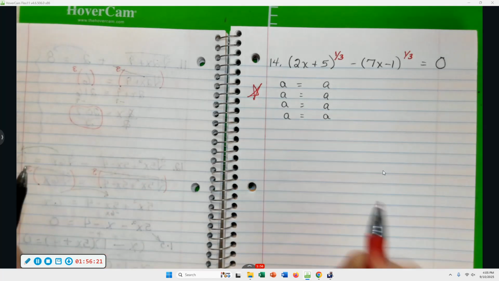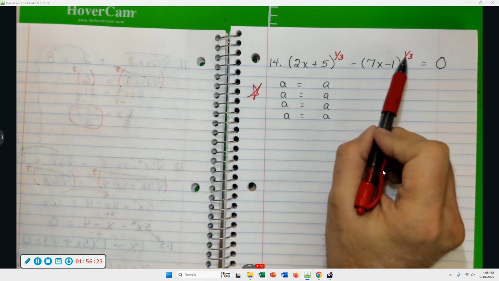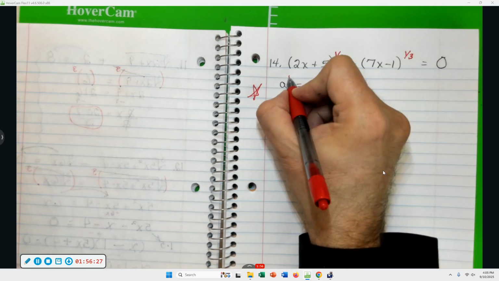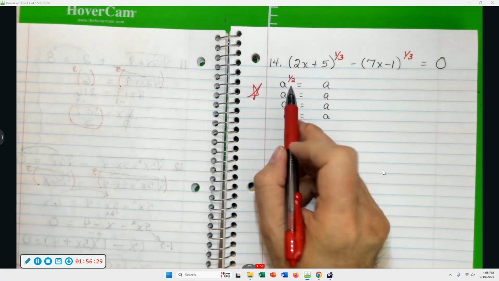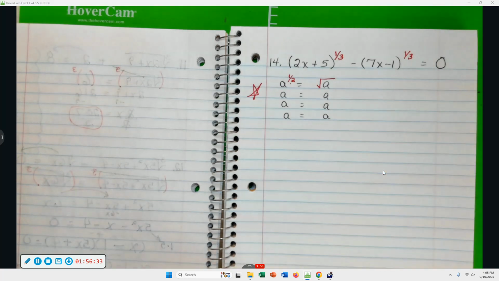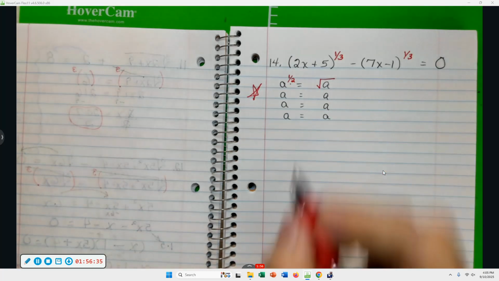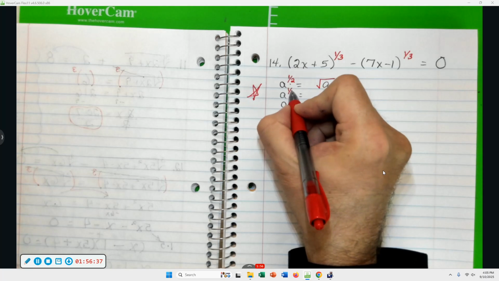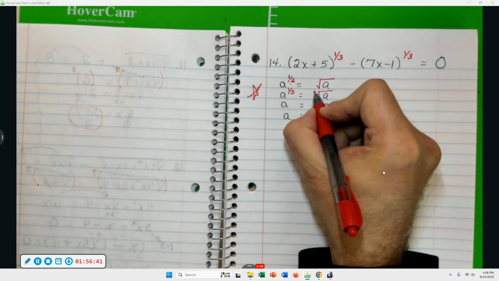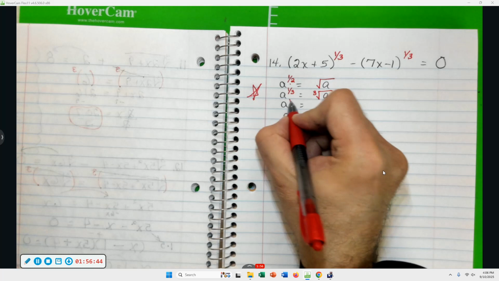I'm defining what these little fractional exponents mean. In general, a 1/2 exponent is the same thing as a square root. A 1/3 exponent is a cube root. I'm wondering if y'all could figure out the pattern.